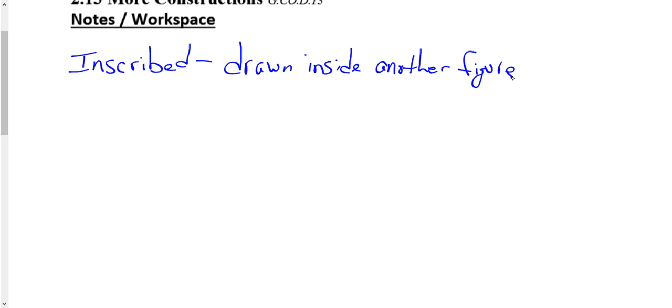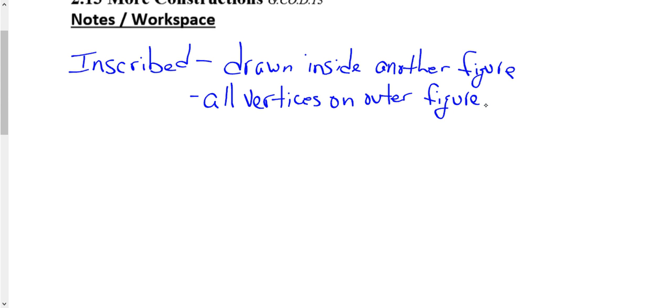And when we do that, all the vertices of the inner figure are on the outside figure. So all vertices are on the outer figure, and then it's inscribed.